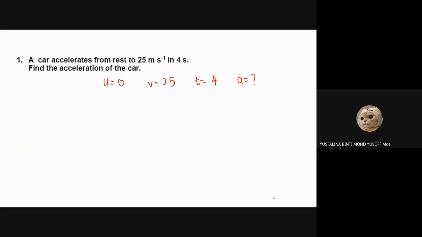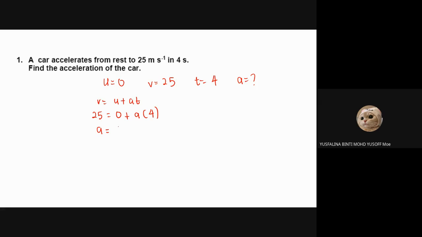v equals u plus at. v is 25, u is 0, a you need to find, t is 4. Please find for me what is the value of a. 6.25.